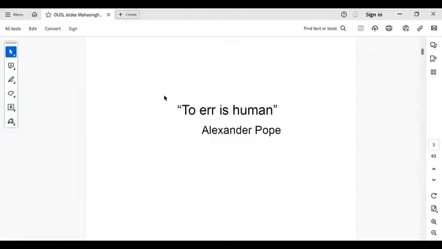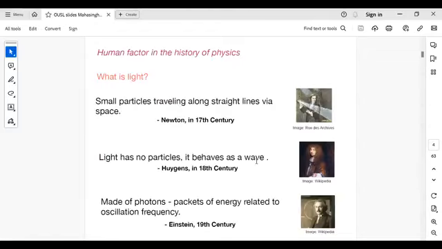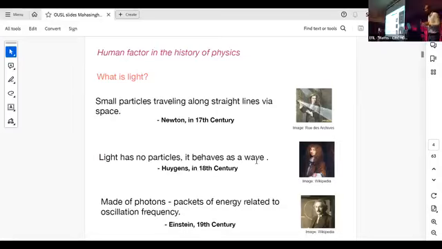And if you look into science, there were many debates, many controversies, different opinions in the history of science. For example, if you look at the question, what is light? We have received 3 different answers from 3 different centuries. Earlier, it was Newton, who said light is made of particles.